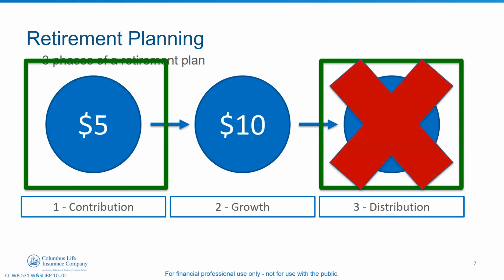What we're seeking to do is to switch a portion of the client's retirement assets so that they may be able to take the distributions without the income taxes. This is only possible because of the special tax treatment that's granted to life insurance. I want to make sure you understand, I'm not saying that clients should not take advantage of their employer-sponsored plans. They should, but what we're going to do is allow the client to take advantage of all of the options available to them during retirement planning.